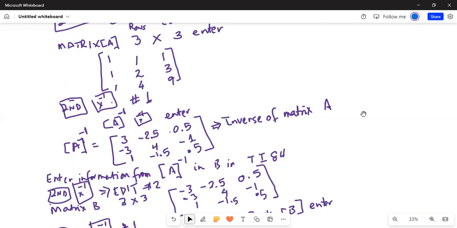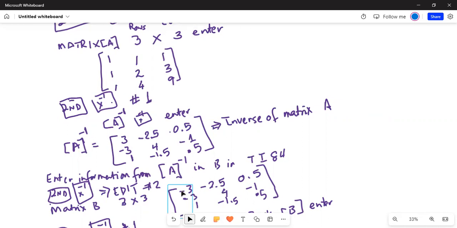It was when I entered the matrix B information. So let's go to off. Second x minus 1, edit number 2. Remember, in matrix B I'm entering the inverse of A. So it's not minus 3. The first one is only 3. That was my mistake.